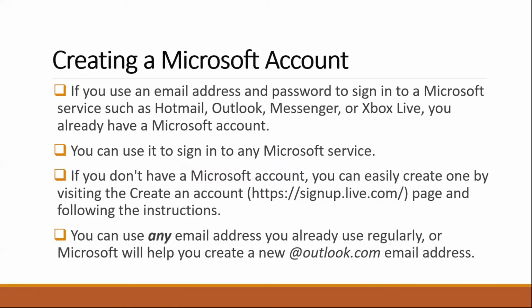And one thing about it is that it's creating a Microsoft account. If you use an email address or password to sign in to a Microsoft service, such as Hotmail, Outlook, Messenger, or Xbox Live, you already have a Microsoft account. And you can use that to sign into any Microsoft service.